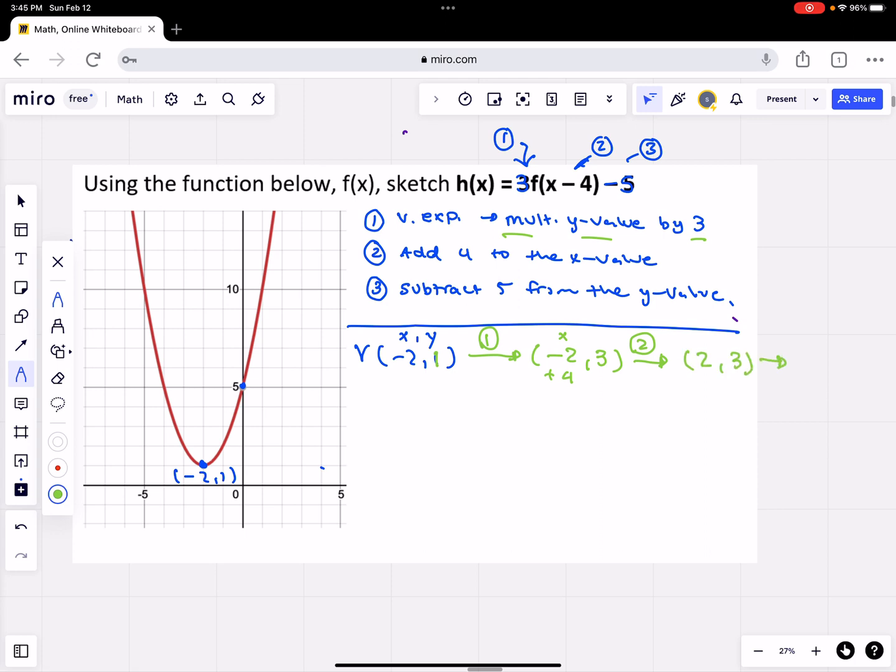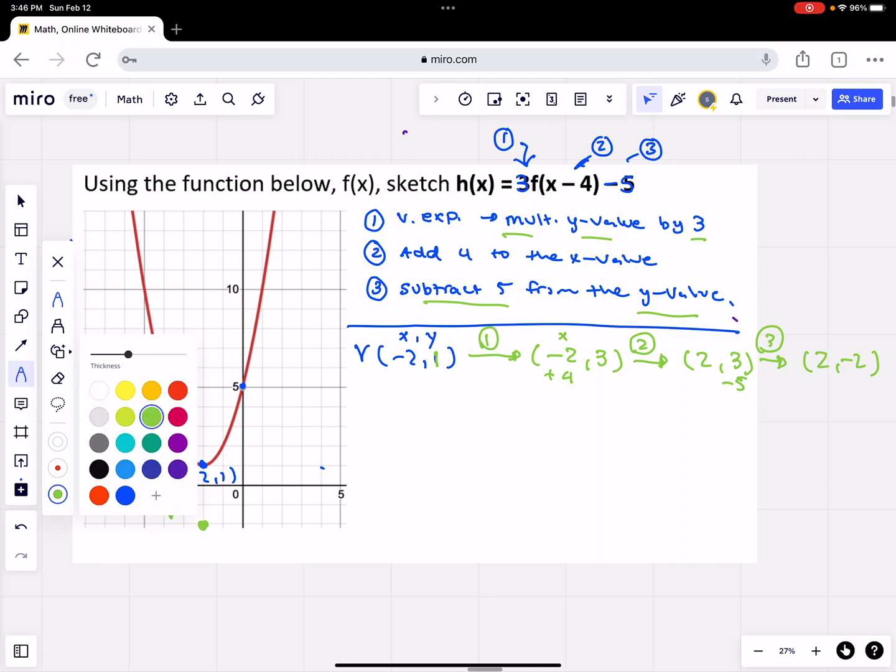We're still not finished. Step number 3 says subtract 5 from the y value. So from the previous y value, I subtract 5. I end up getting (2, -2). So now you can go to the graph paper. (2, -2) is your new vertex value. Cool.